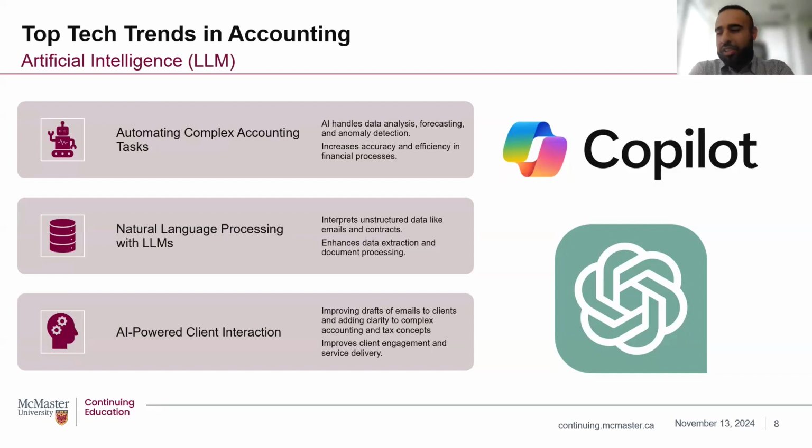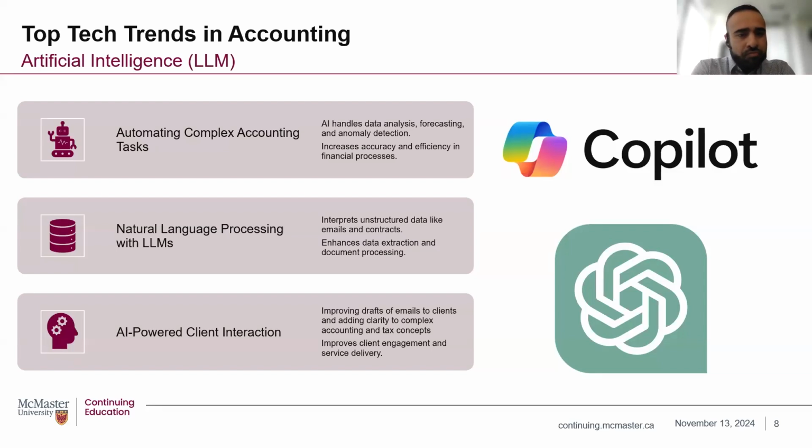Essentially, with AI, what it's doing is automating complex accounting tasks. It's very great at handling data analysis, forecasting, and finding anomalies in financial information that's fed to it. It's also working to increase accuracy and efficiency in the financial process.